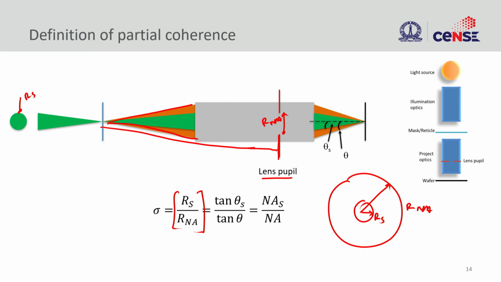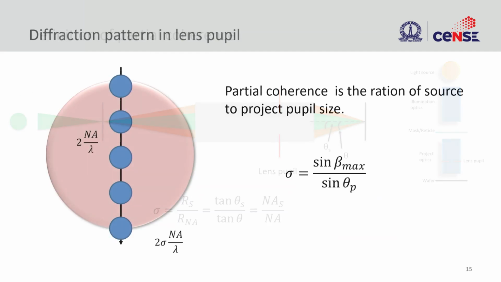By using this size, we should be able to find the partial coherence. We can also understand it by looking at the numerical aperture. There is the numerical aperture of the source and the numerical aperture of your pupil system or the projection system. By using these physical quantities, we should be able to measure the partial coherence. And now let's look at how this partial coherence is helping us.